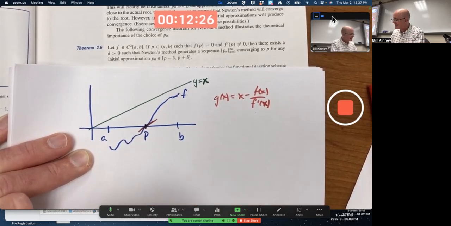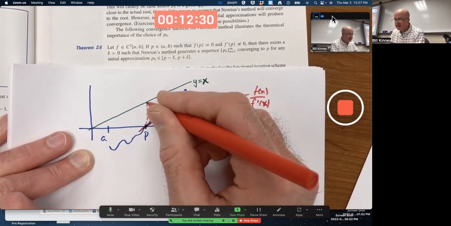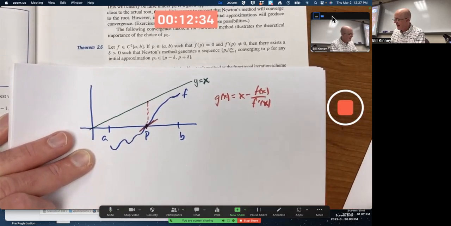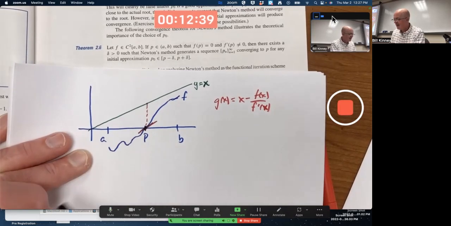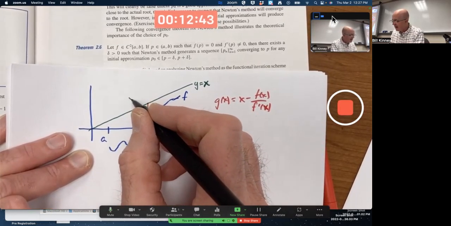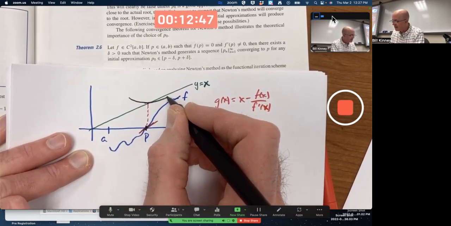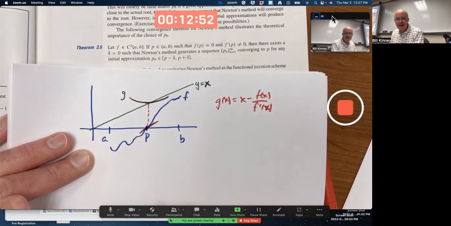At this exact same spot p, g is going to have a fixed point. So the graph of g is going to cross that line right there. What will the graph of g look like? Well, the one we saw in the example from last time looked about like this. And we also saw it happened to have a slope of 0 at p. So maybe the graph of g, at least near p, looks about like that.